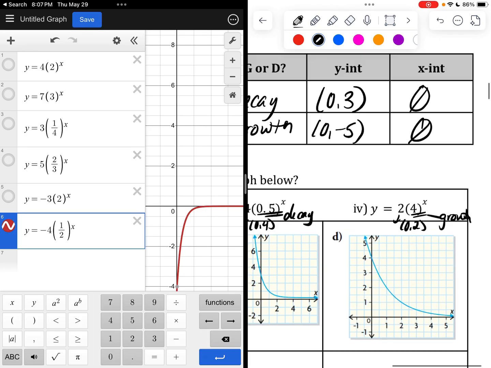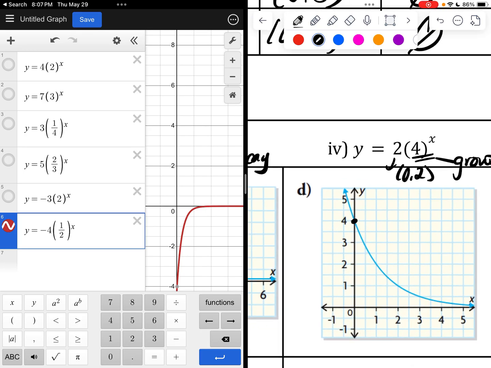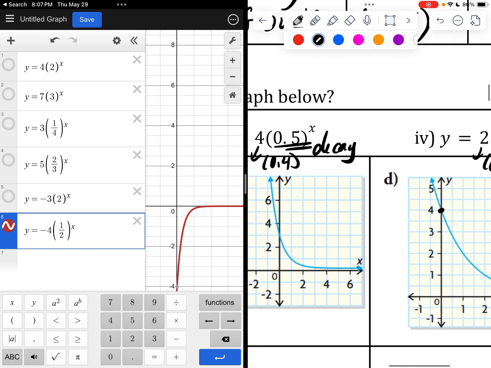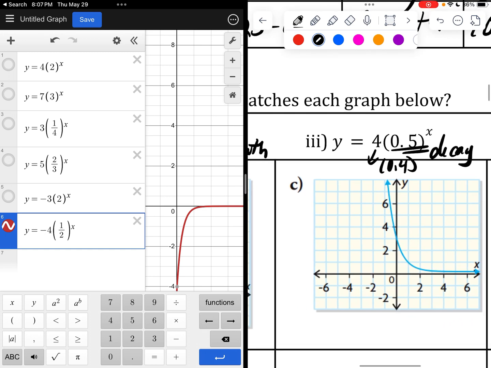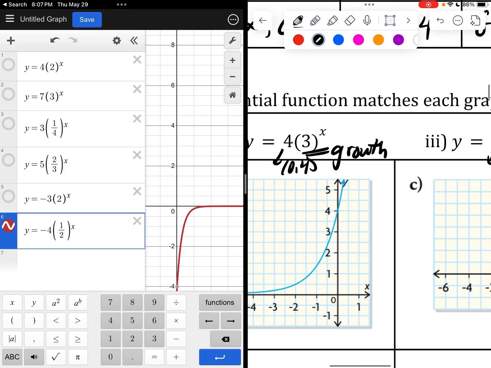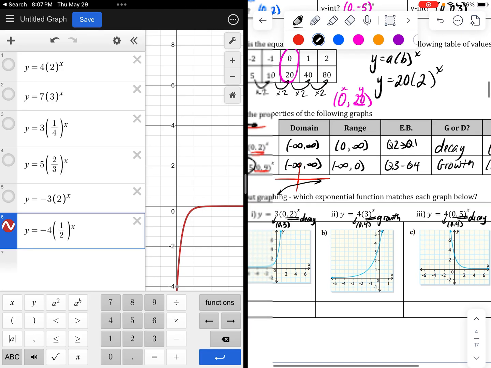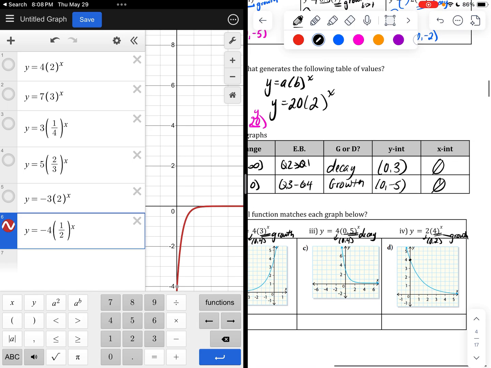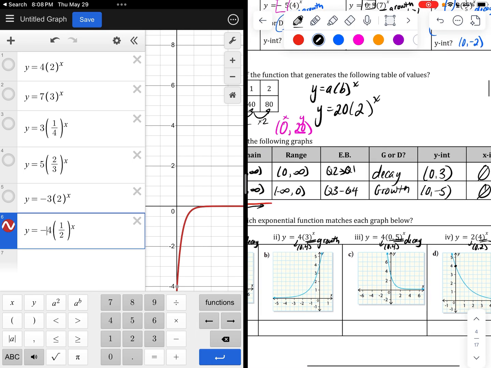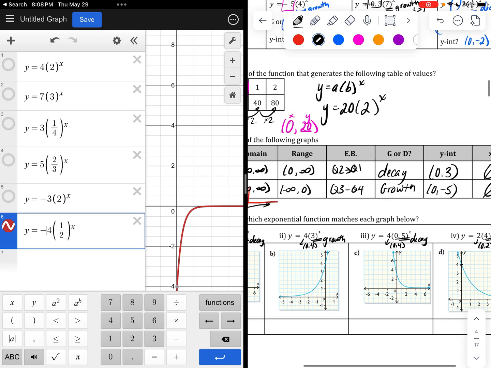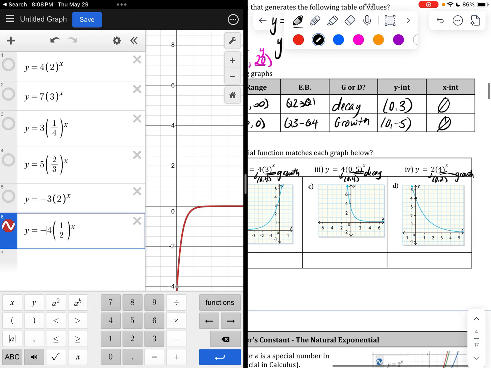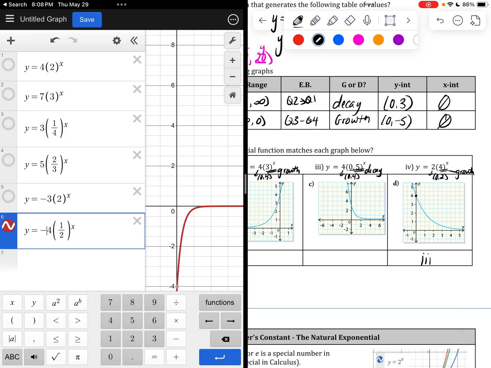So first of all, let's start with D, because I just have it here. The y-intercept is at 4. So we are between this option and this option. Okay, but in the last graph of D, it is decaying, so slowly decreasing. So that means the only one that has a y-intercept of 4 and is decreasing is the third option.